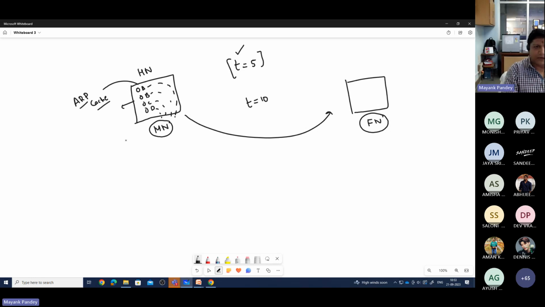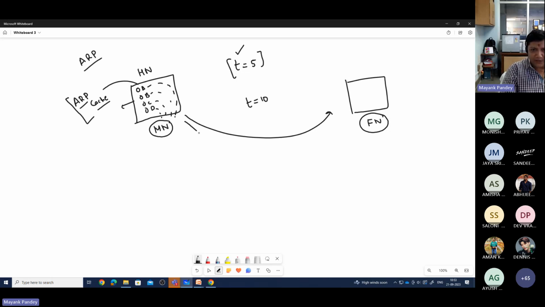They might have contacted the mobile node, run the ARP process, the address resolution protocol, got the MAC address of the mobile node, and updated their cache with it.